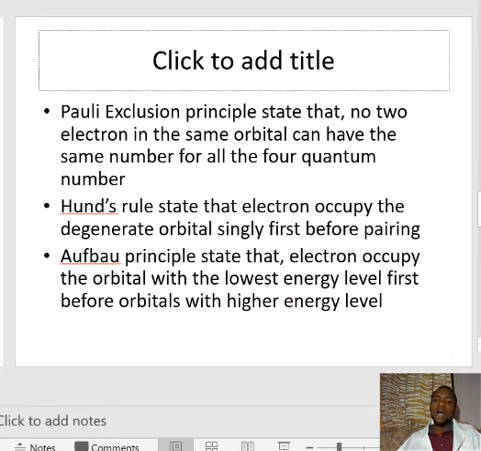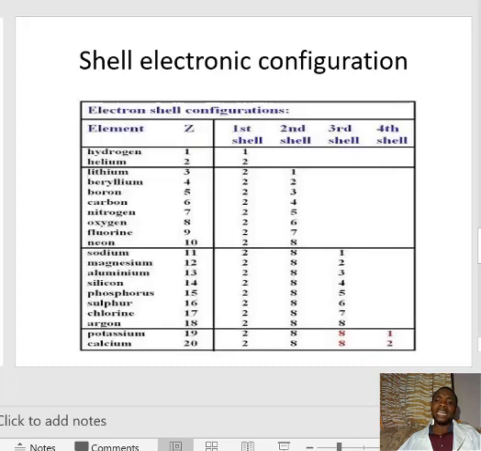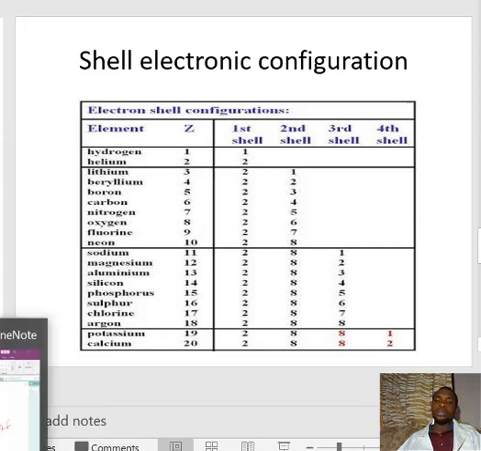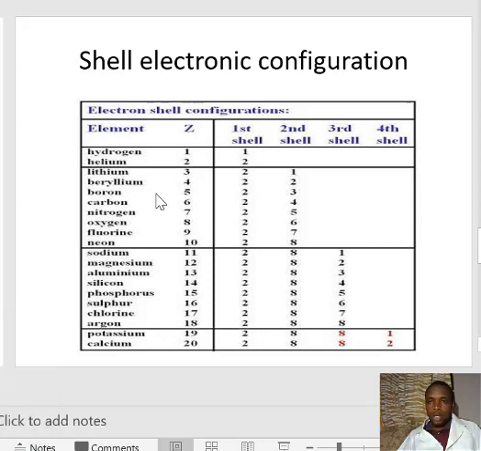Now let's see how electrons are arranged in shells based on all we have learned. This is the electronic configuration.